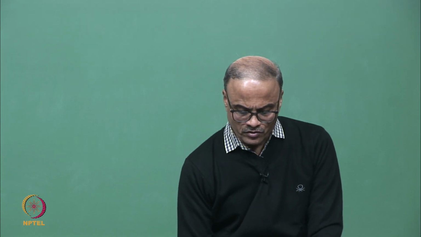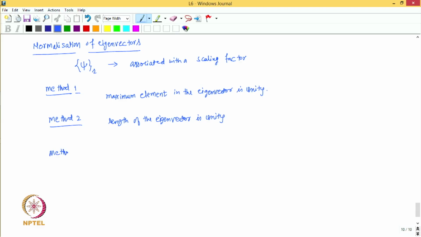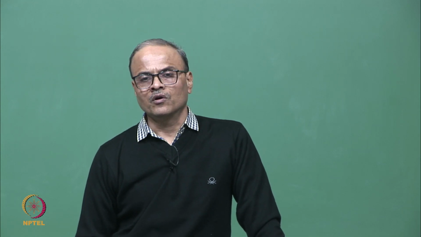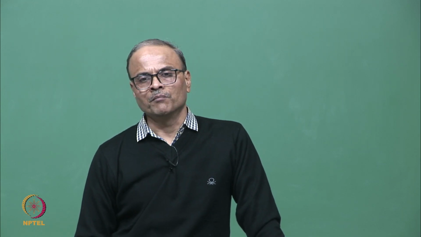Another method that is widely used in modal analysis is mass normalization of eigenvectors. So, in this we divide each eigenvector by the square root of the corresponding modal mass.